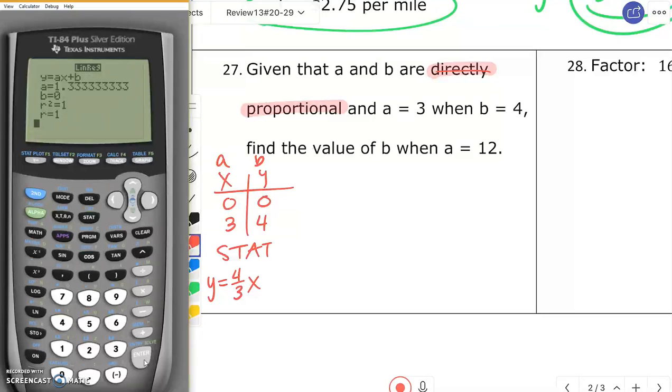So if I'm like, man, I don't know what that decimal is, do 1 point, bunch of 3's, math, enter, enter, and I get that 4/3.